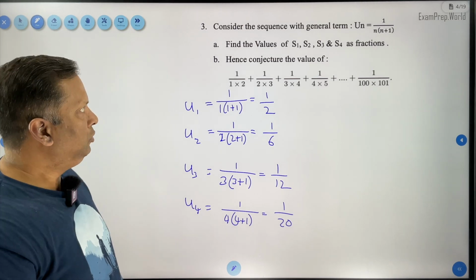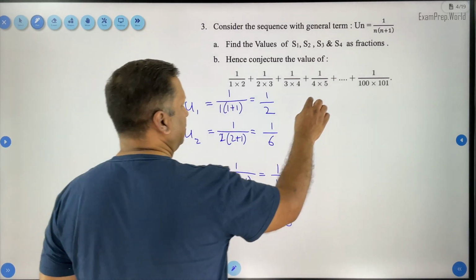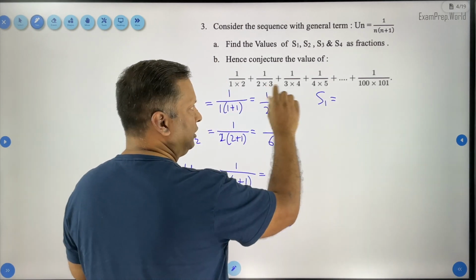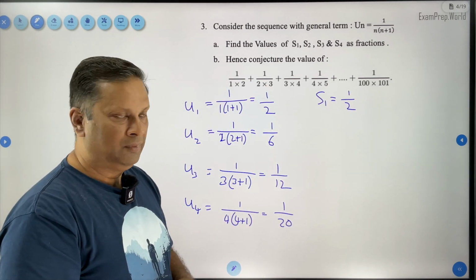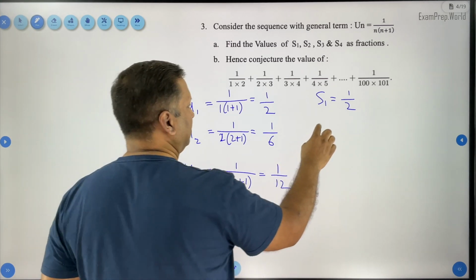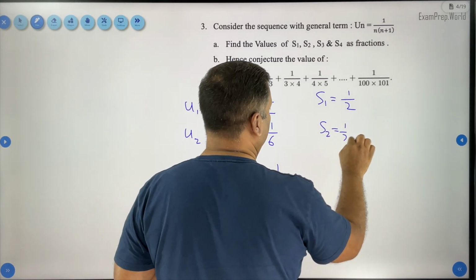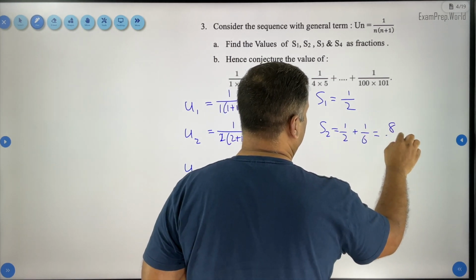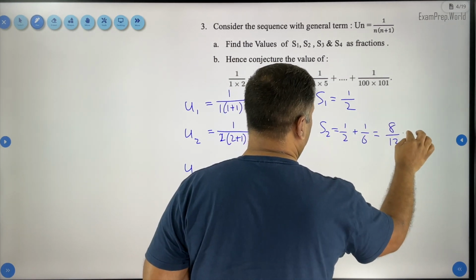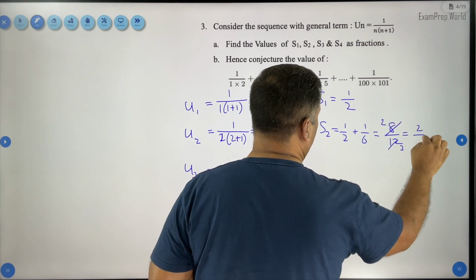Okay. Once you have the 4 terms, now we will find S1. S1 is the first term itself, so it is just 1 by 2, correct? Now S2. S2 means this plus this, so it is 1 by 2 plus 1 by 6, which is 6 plus 2, 8 by 12, or you can write it as 2 upon 3.